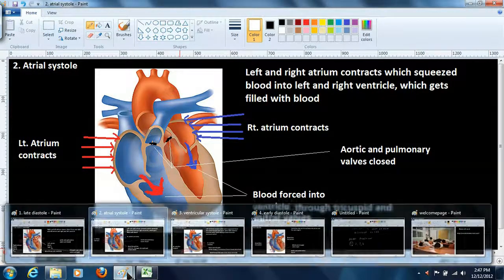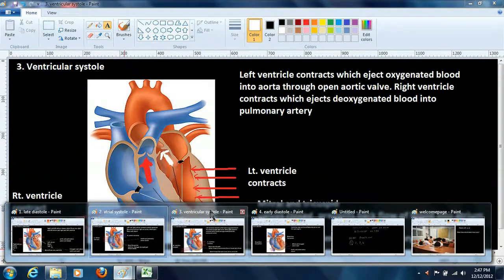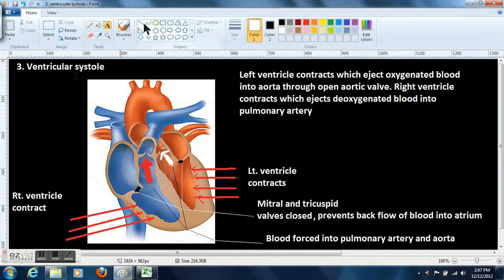Okay. Now let me go to the third stage, the third part of the cycle, which is called ventricular systole. Here the ventricles contract. Now the ventricles are contracting, which I am showing with an arrow. When it is pointing inward, that means it is a contraction.